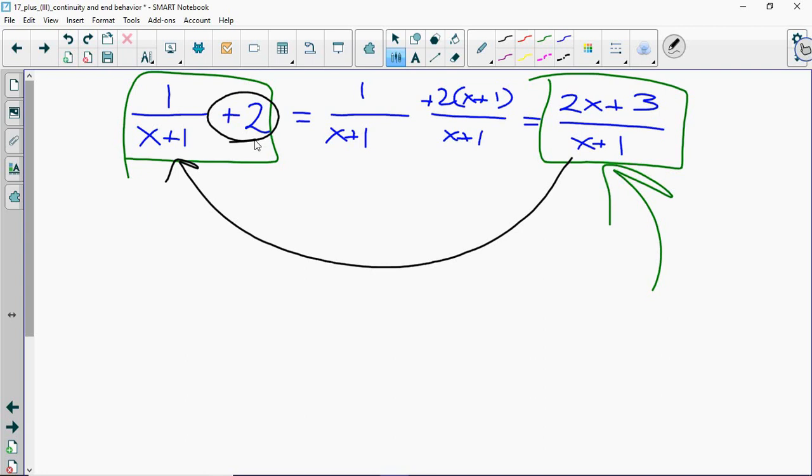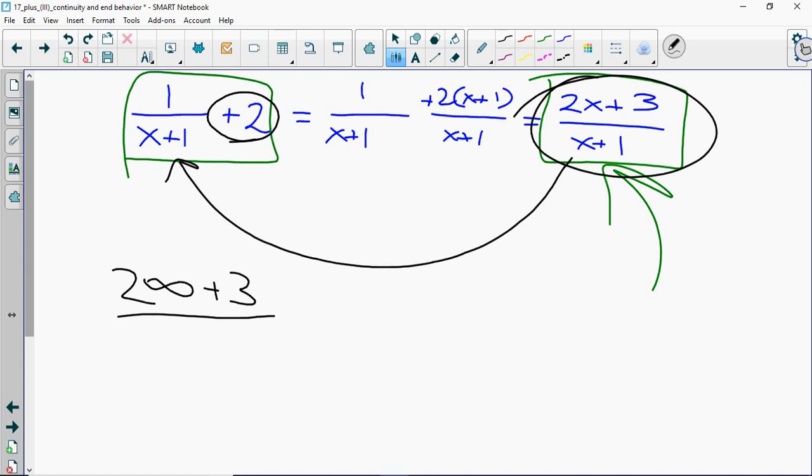Before I show you the trick, I want us to just think again in this form, what's going to happen when we get a super, super big value for x in there? So the numerator, we're going to have, let me just write this out as 2 times infinity plus 3. Even though x is not actually equal to infinity, it helps me anyway to write it out like this.